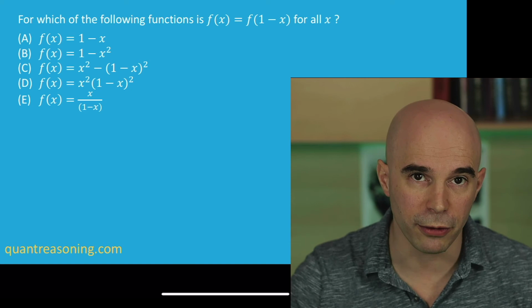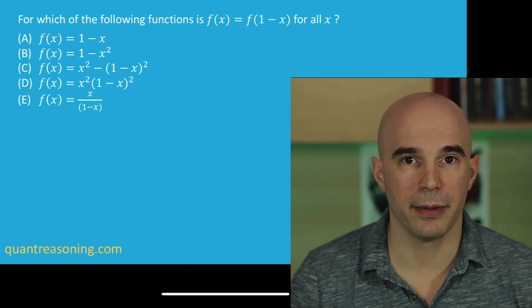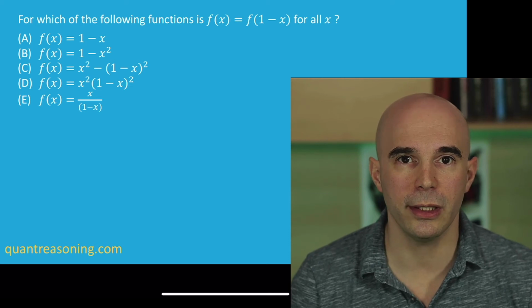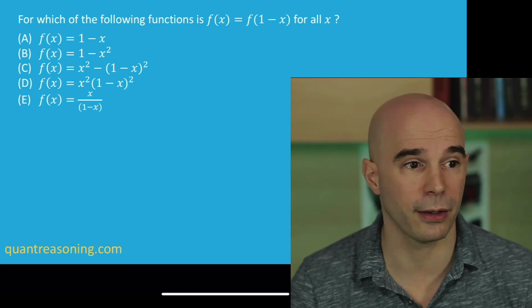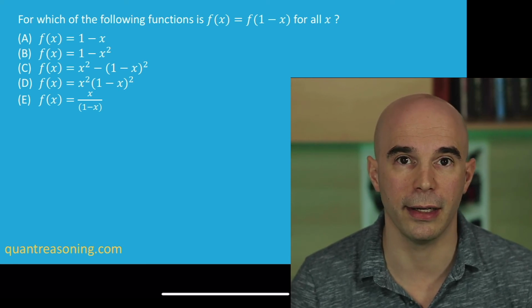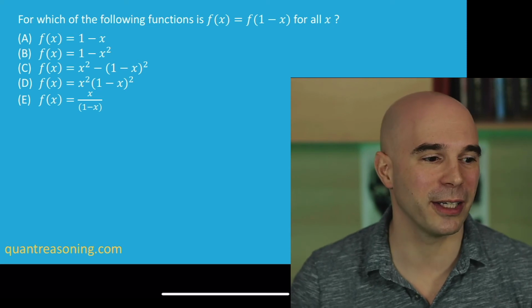And this has to work for any x, for any input. Not easy. As an example, we're looking for a function that wouldn't care whether you sent in 100 or -99. Either way, with 100 and with -99, also known as 1 minus 100, you'll get the same output.